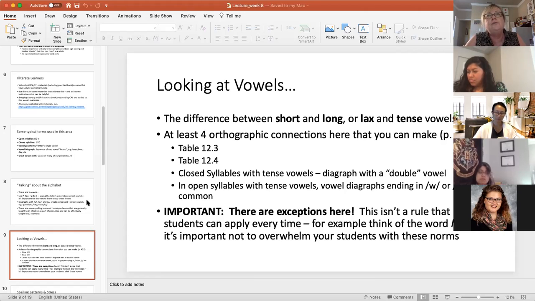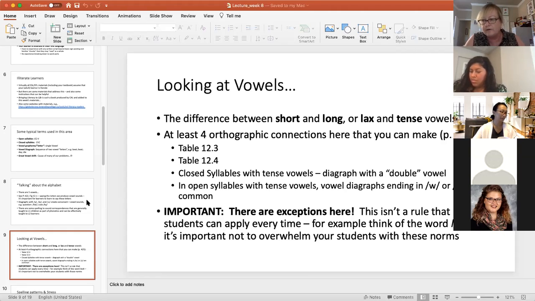And then two more, closed syllables with tense vowels gives you the double vowel, and open syllables with tense vowels gives you those vowel digraphs, or what you can think of as essentially the sound of a diphthong, so ending with a w or a y. So those are four basic rules that many teachers teach their adult ESL learners.